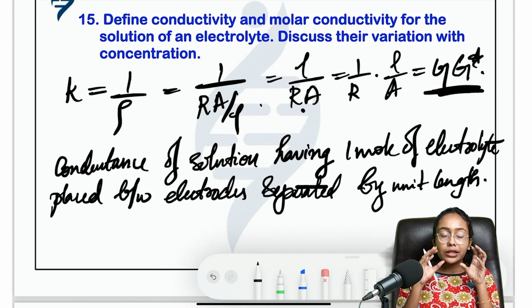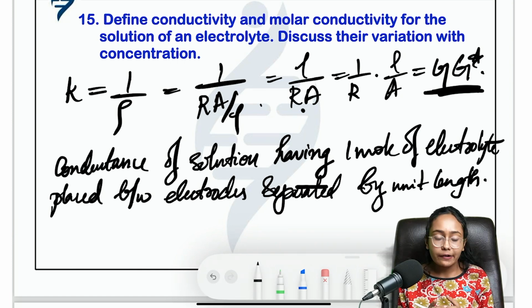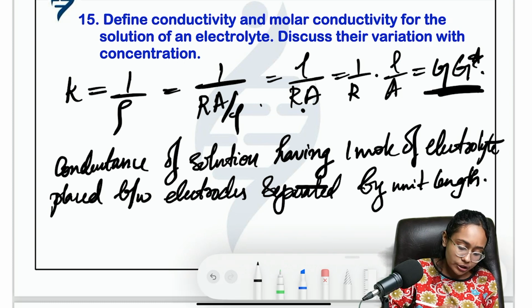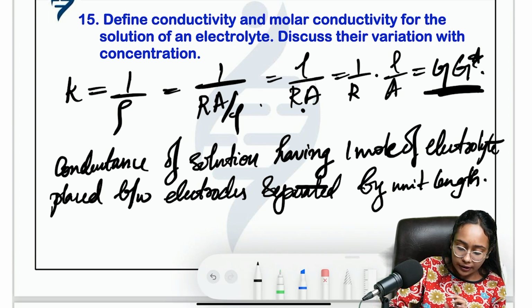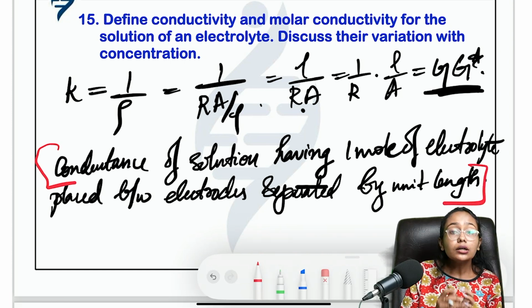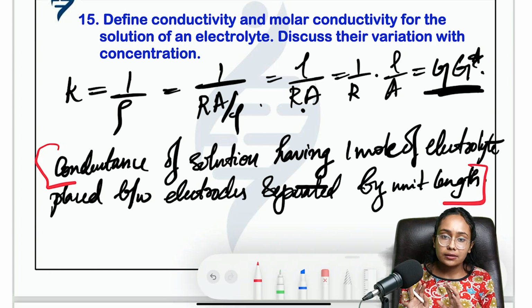So when there are two electrodes separated by unit length, and there is an electrolyte having 1 molar concentration, then the conductance of that solution is known as molar conductivity. Or you can write the equation and mention the symbols used, where K is the conductivity, M is the molarity, and lambda M is the molar conductivity.